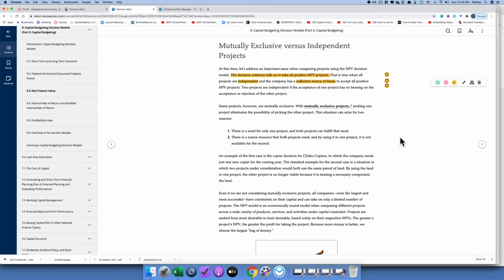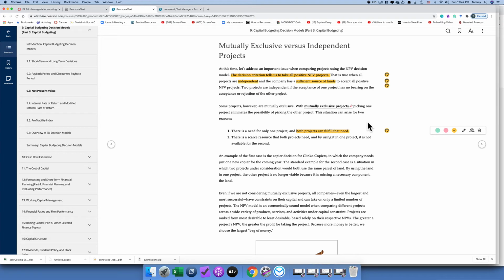So, many projects in the real world are mutually exclusive. If you have 2 different projects that fill one need, for instance, that copier example, right? You only need one more copier. Which one are you going to pick?